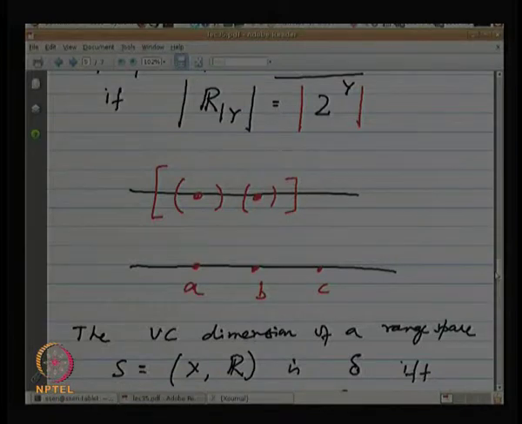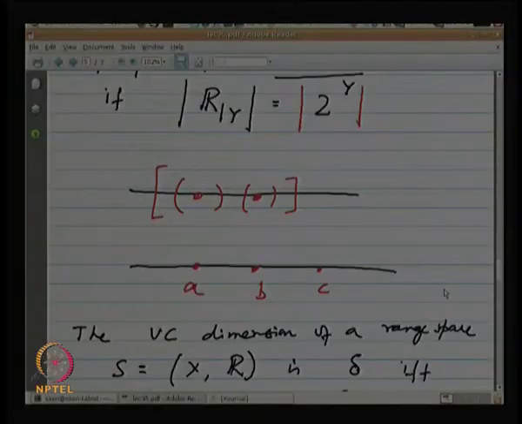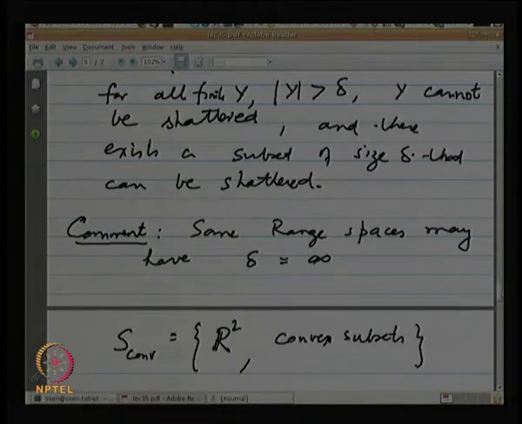VC dimension is always defined with respect to the kind of ranges that go along with the range space. For intervals we cannot shatter even 3 points, but we can shatter a pair of points on the line. Therefore, the VC dimension of this is 2.